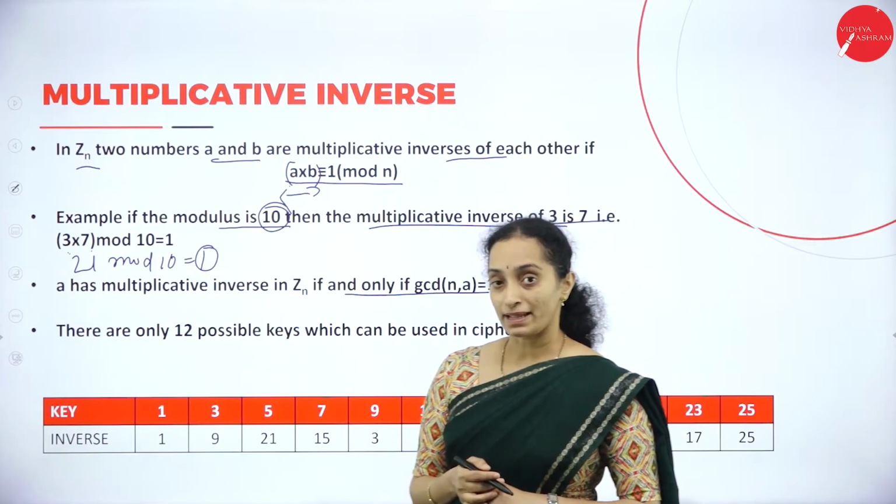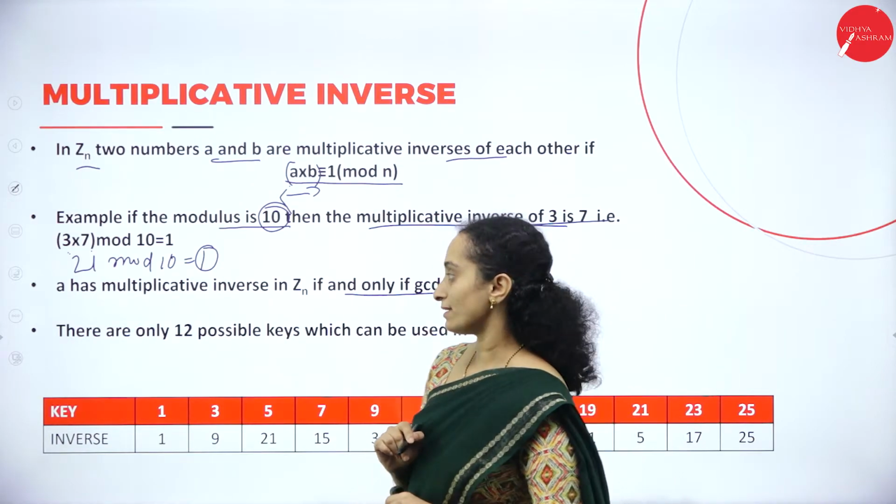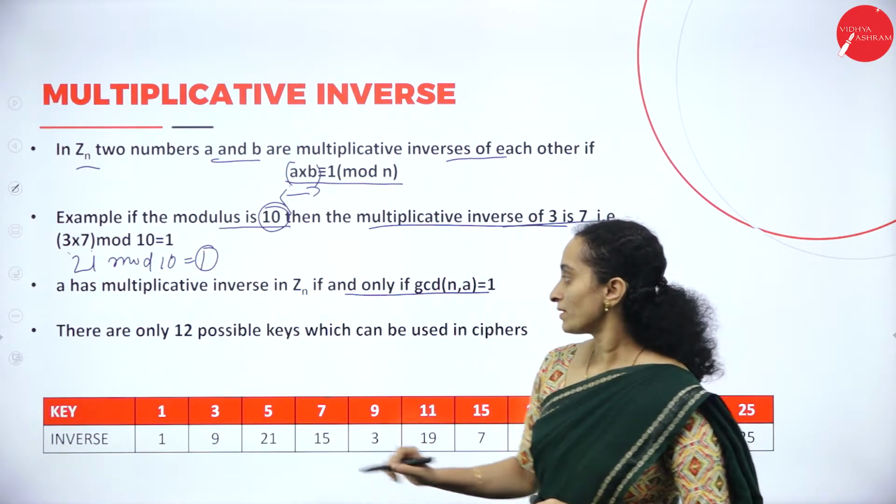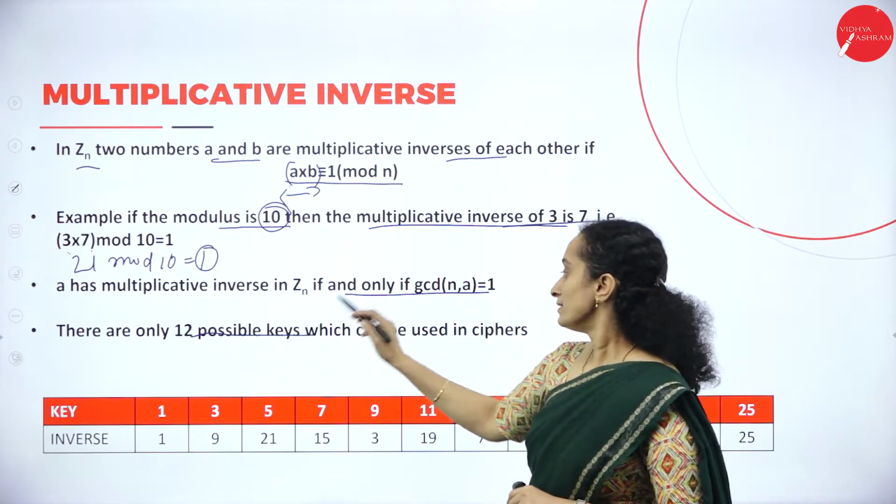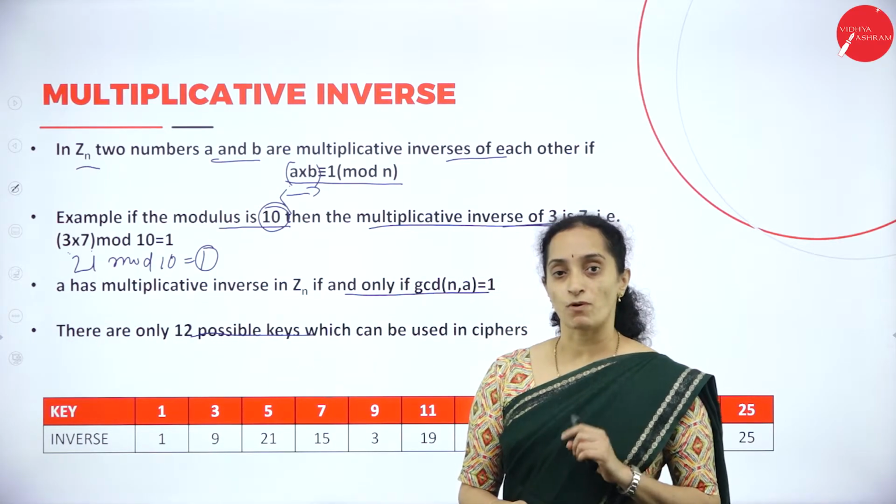Again, in multiplicative inverse, you have a condition. What is that condition? You can generate only 12 possible keys.